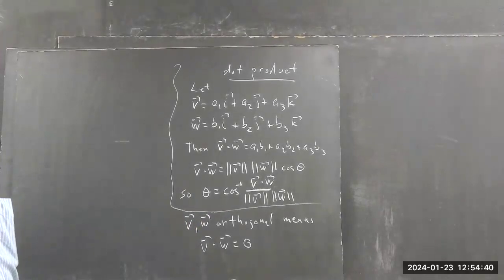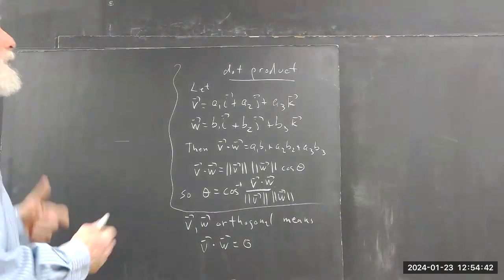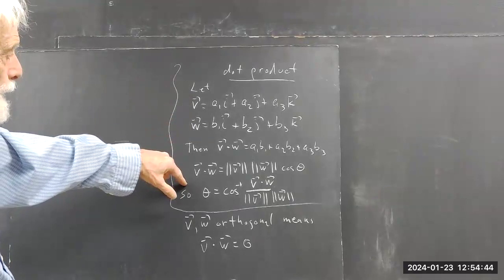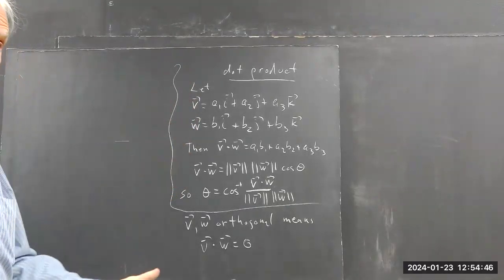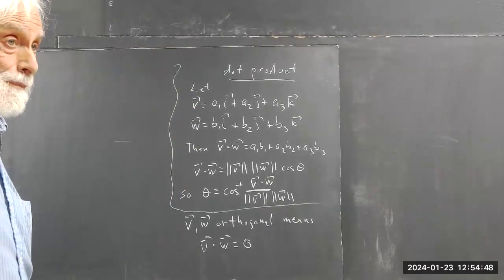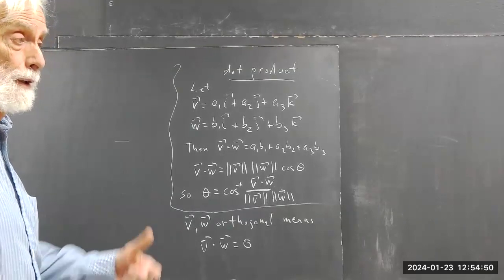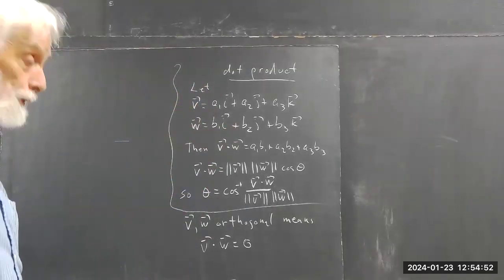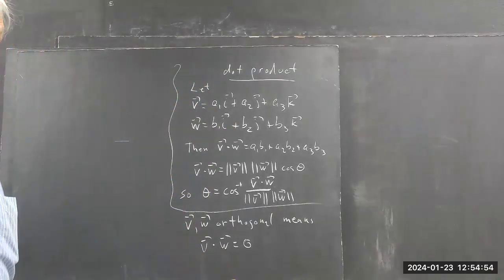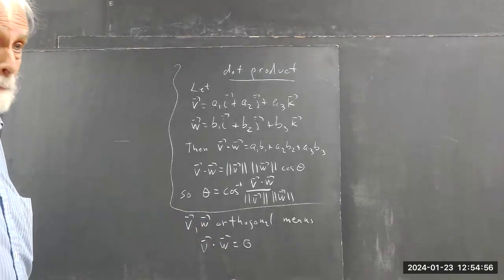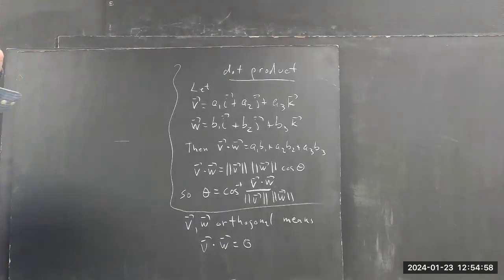Okay, so that extends this whole thing, and you'll see that in linear algebra. You're not going to see that in physics. This isn't physics, this is monodromal calculus. Okay. All right.